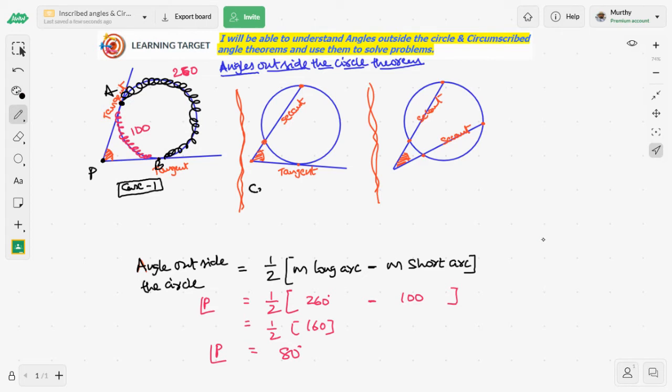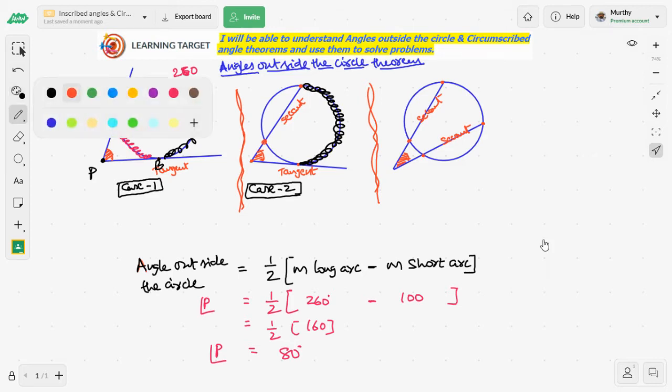In case 2, again, I follow my general formula: half of the measure of the long arc, take away the small arc. Here, the small arc means it is in between these 2 points only.